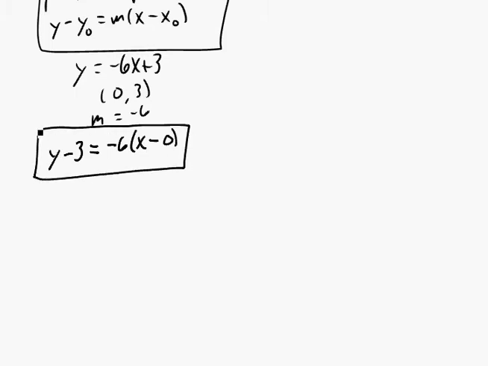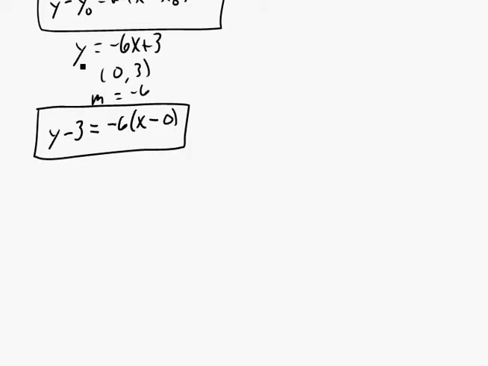So that would be one possible version of the line y equals negative 6x plus 3 in point-slope form. But we could come up with other equivalent equations in point-slope form. For instance, let's find a different point than the y-intercept.